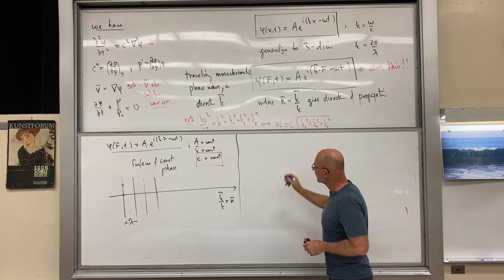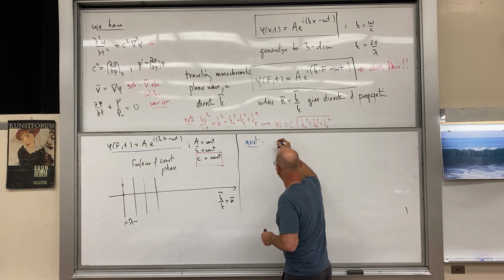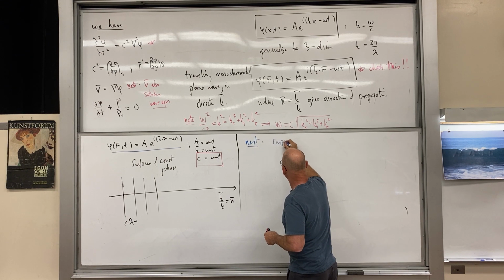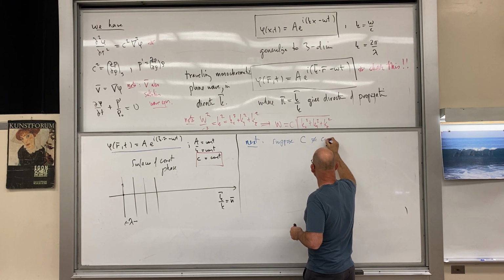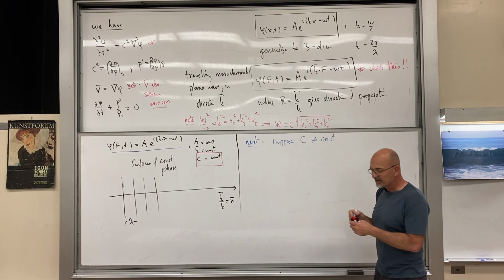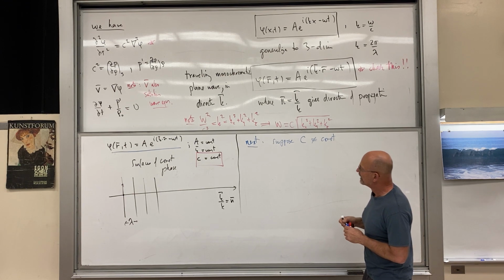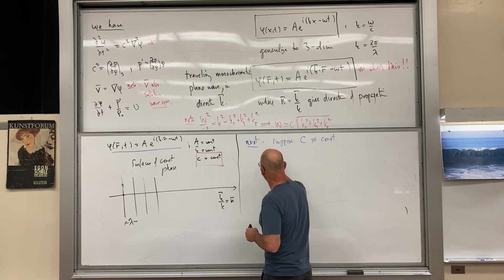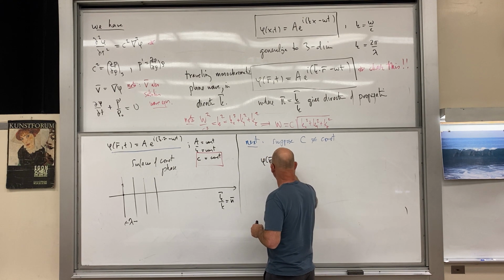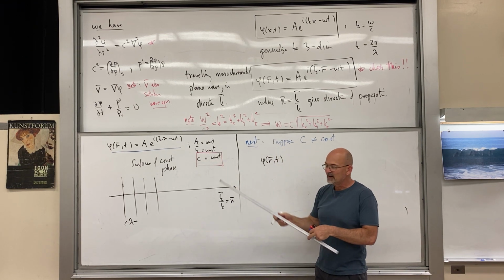So what I'm going to say next here is, suppose c is not constant. The speed of sound is not a constant. We still have our wave equation. Our solutions are going to have to look like this. In other words, the amplitude and the direction are no longer going to be constant.